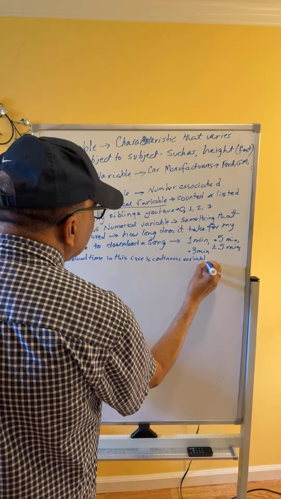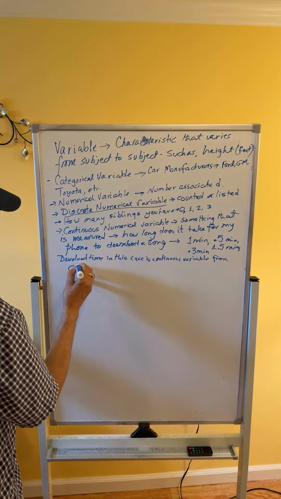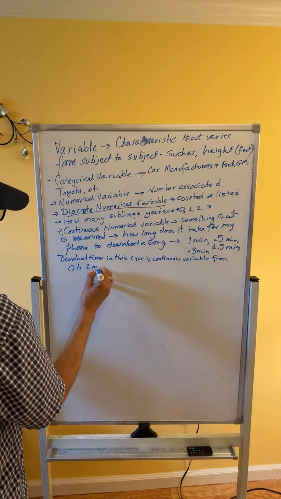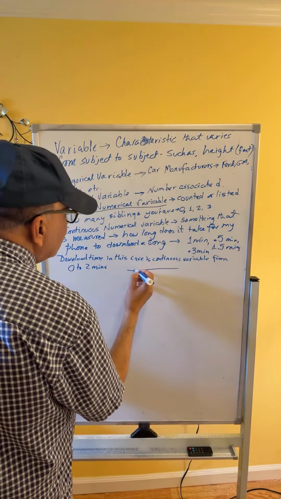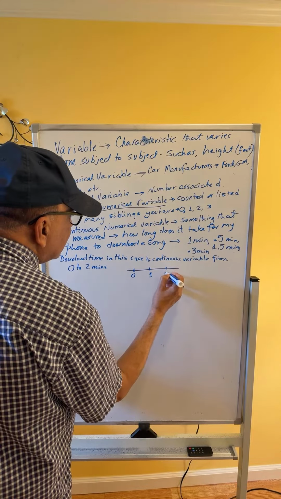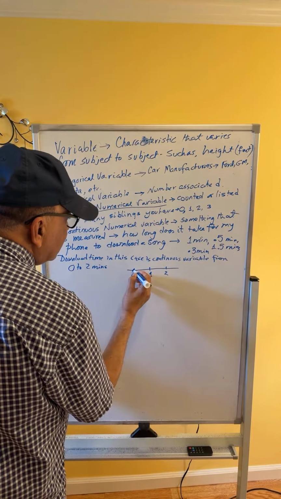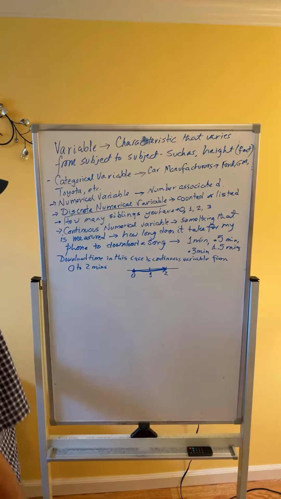from 0 to 2 minutes. What do I mean by that? If you draw the number line, this is 0, this is 1, positive 2. Download time will vary anywhere from 0 to 2 minutes.